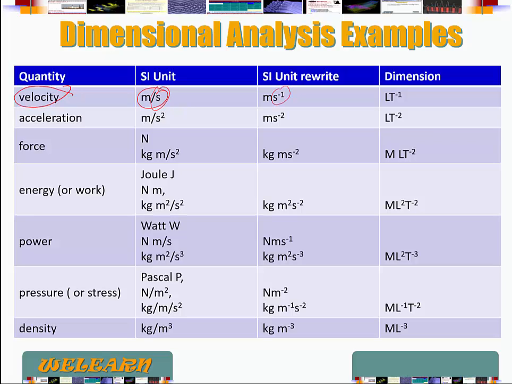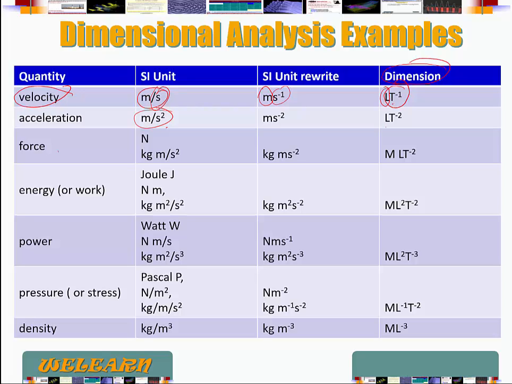In dimensional analysis, that's a length for the meters, and then 1/seconds, that's times time to the power minus 1. Acceleration is meters per second squared, that's the SI unit. That's meters s to the power minus 2, which is, in dimensional analysis, L times T to the power minus 2.